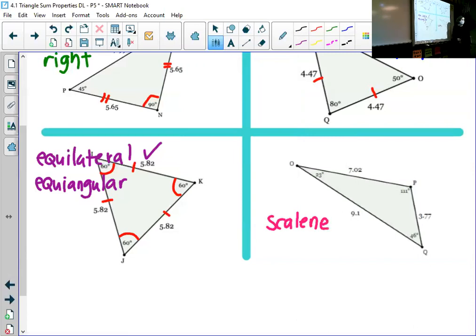It's called scalene. I think scalene is the one that most people forget the name of. So make sure that's in your notes because you can use your notes on your quizzes and tests. And then what do we notice about the angles? 23, 111, 46. Which one of the 4 would we do? Acute, right, obtuse, or equiangular? Obtuse.